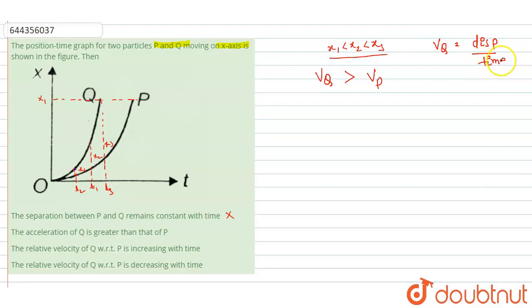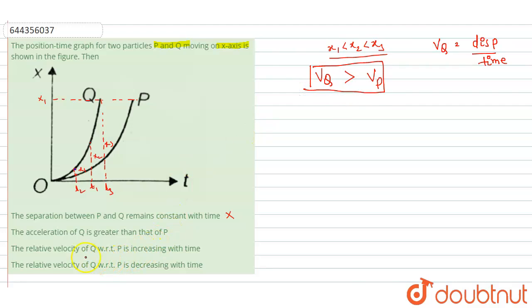So the particle Q is taking less time as compared to the particle P. So its velocity will be increased, and the velocity of particle P will be decreased. So vq is greater than vp.